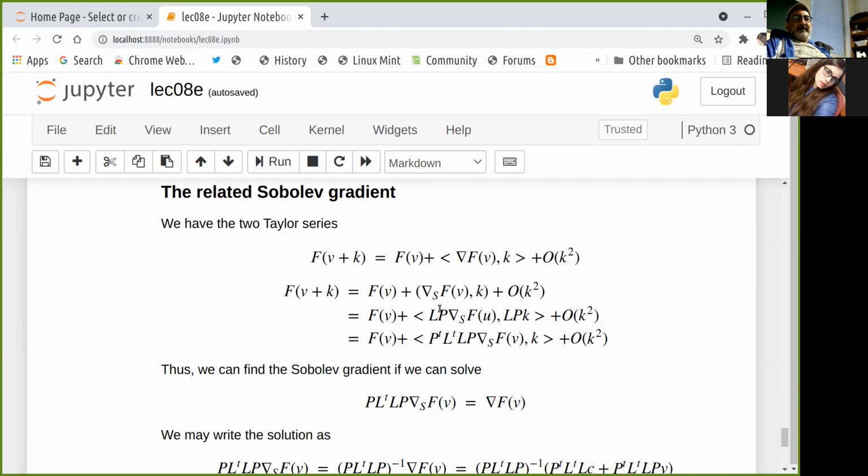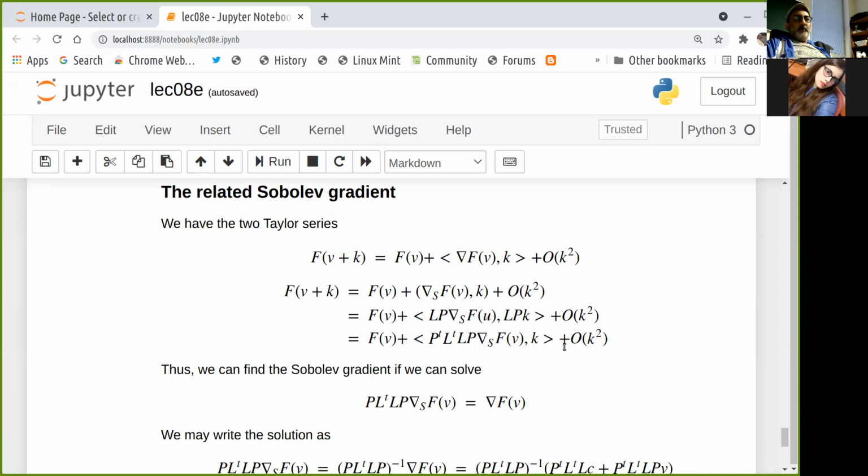The new inner product says you replace V and W with LPV and LPW. So you get this LP times the new gradient, inner product with LPK. And now I bring the LP over to the other side, which means I have to take the transpose of the product, which is the product of the transposes in the reverse order.